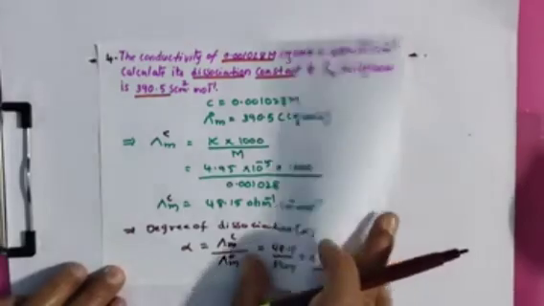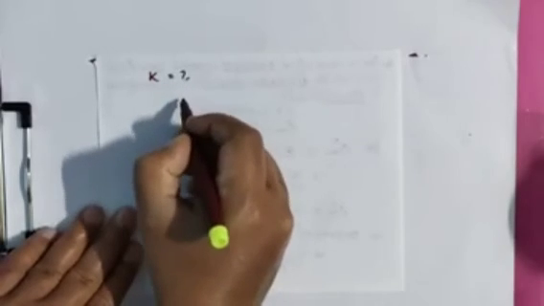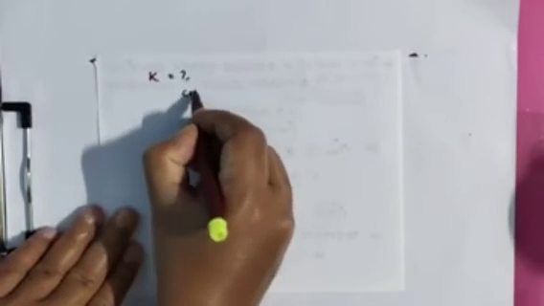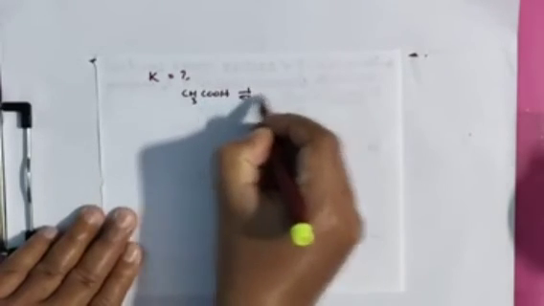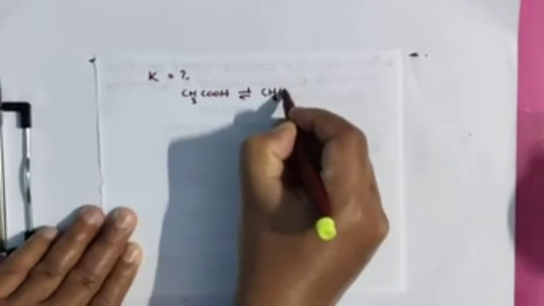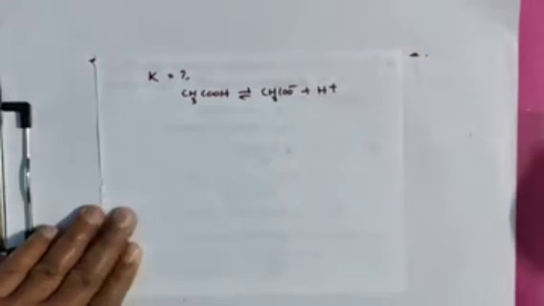From this dissociation constant we can calculate. Means dissociation constant K. So for that we need the dissociation reaction. So what they given? Acetic acid, CH3COOH, giving rise to CH3COO minus plus H plus.